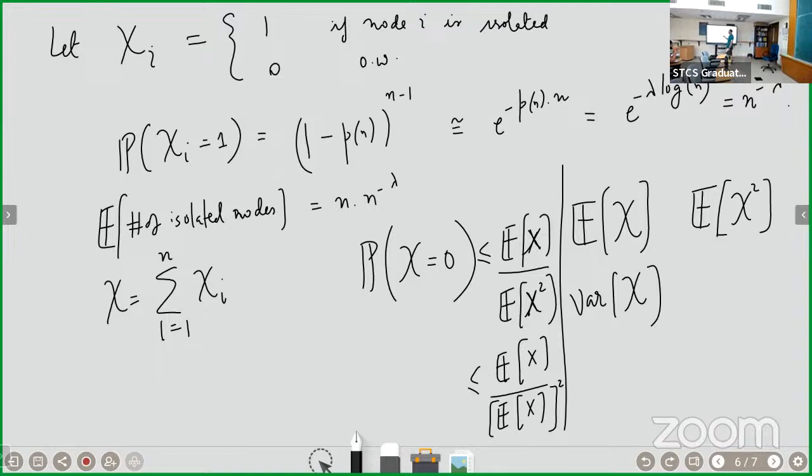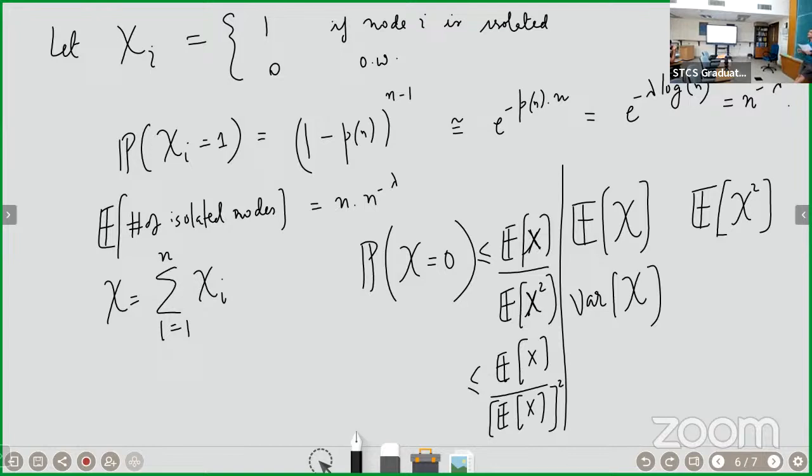So what does it imply? Suppose it goes to 0, what does it imply? What is the probability of connectivity? If there is no isolated node, then they should be connected.